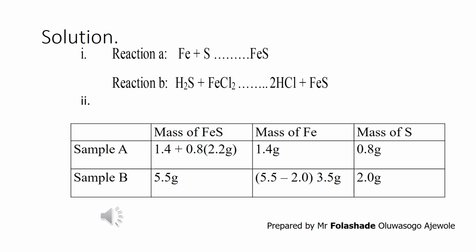Now to get the mass of iron sulfide in sample A, you have to add mass of iron with mass of sulfur, since matter is neither created nor destroyed. So then to get the mass of iron in B, you will subtract the mass of sulfur from that of iron(II) sulfide, and that gives us those values as you can see.